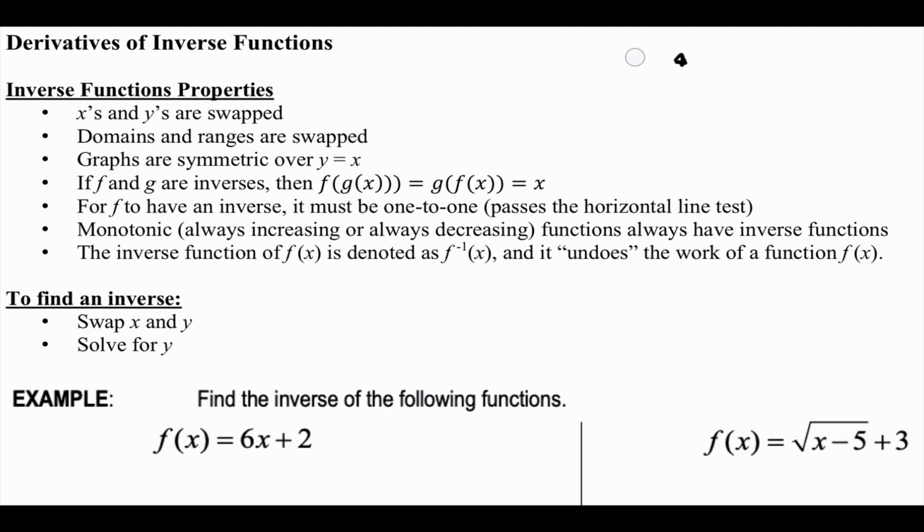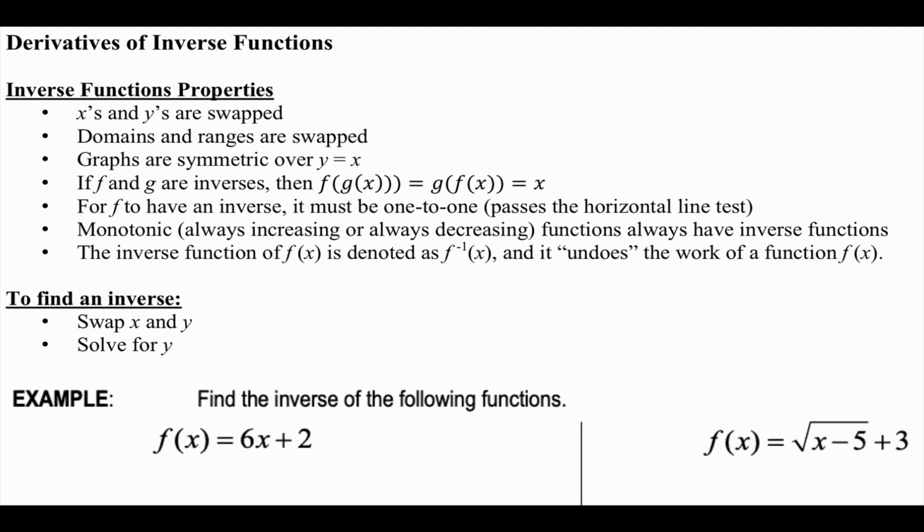That's what that says. Let's see. So yeah, it has to be monotonic. Monotonic means always increasing or always decreasing. Quadratics do both. Quadratics increase and then decrease, or decrease and then increase, right? So those aren't considered monotonic. So those won't have inverses, okay? Here's the big thing right here.